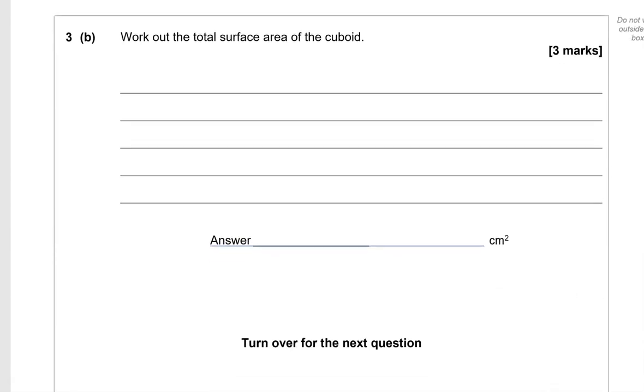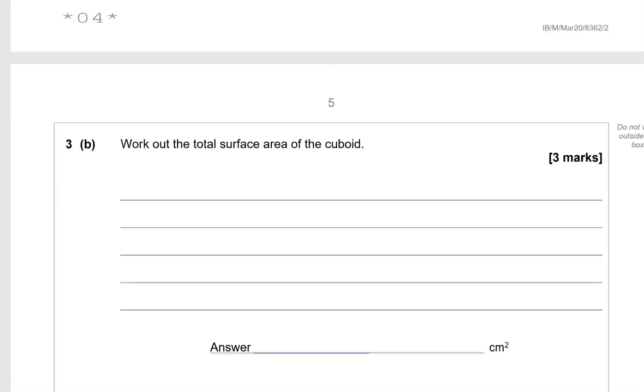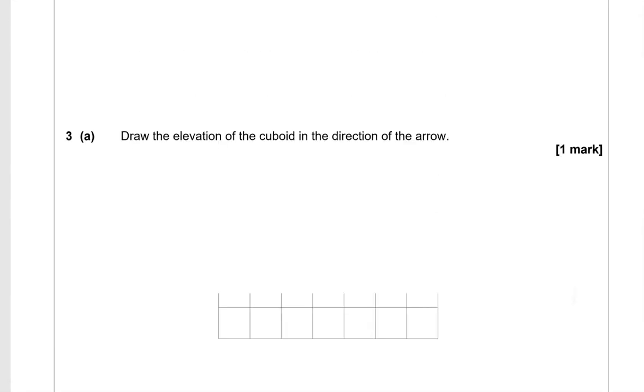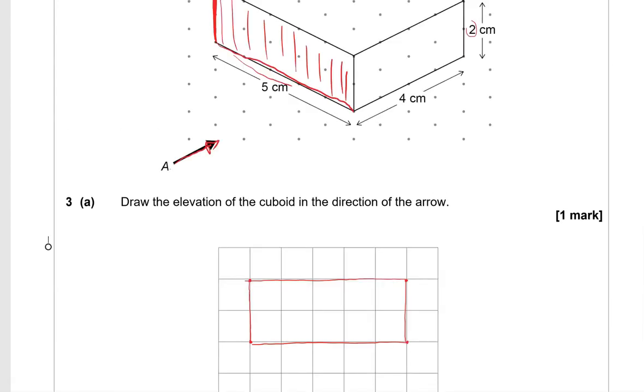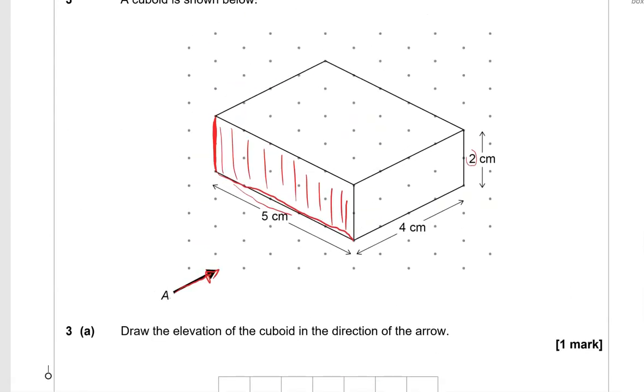Work out the total surface area of the cuboid. So if we focus on this side that we looked at, on this face, that we said was 2 centimeters by 5 centimeters. So that area is 10 centimeters squared.